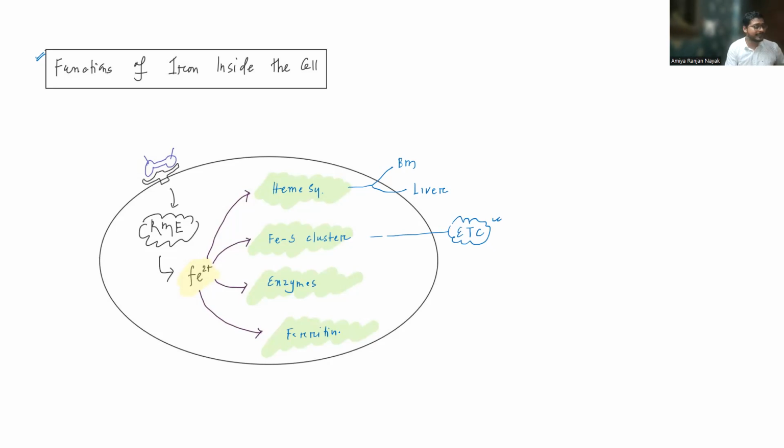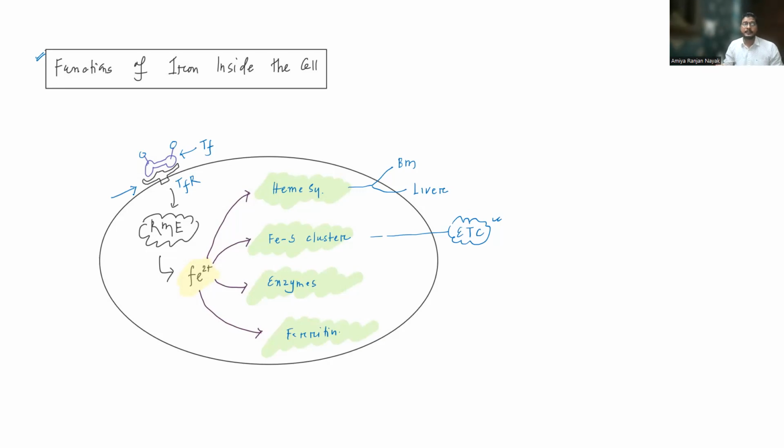But how is the iron taken up into the cells? Usually iron is bound to transferrin, so this is the transferrin molecule, and iron is bound to it. It is identified by the transferrin receptor, so this is the transferrin receptor.